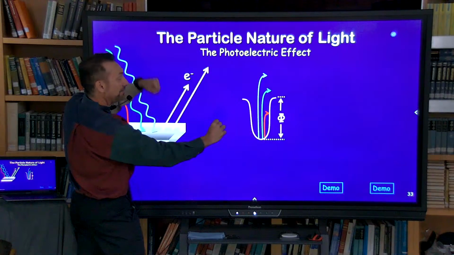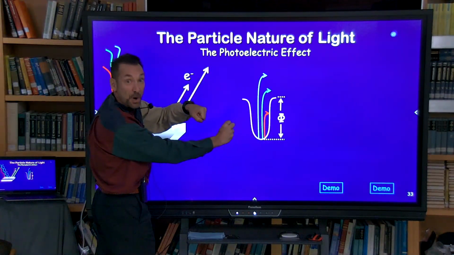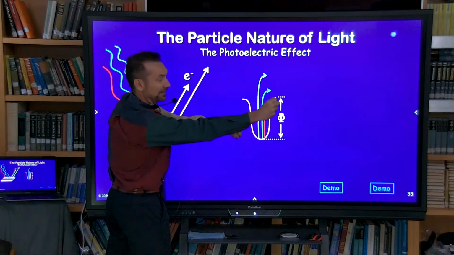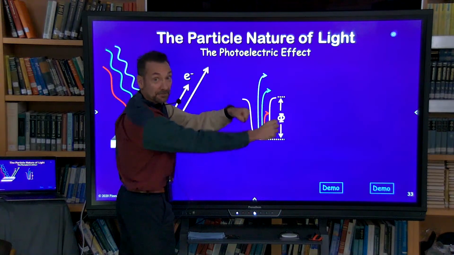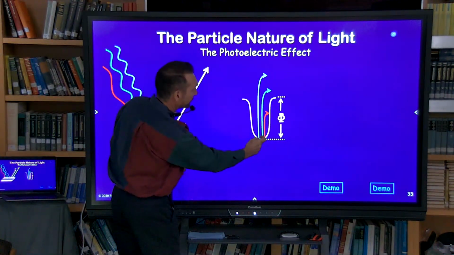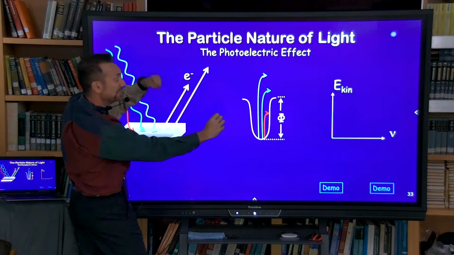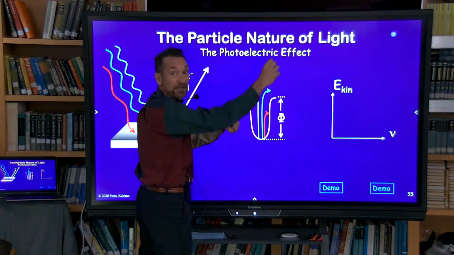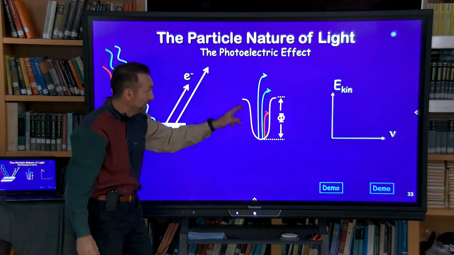So if you have a red, that photon is low energy, and it doesn't knock the electron out. It hits it, but it doesn't knock it out because it doesn't transfer enough kinetic energy. But the higher energy green, each photon has higher energy, so it hits them harder. And blue hits them even harder.